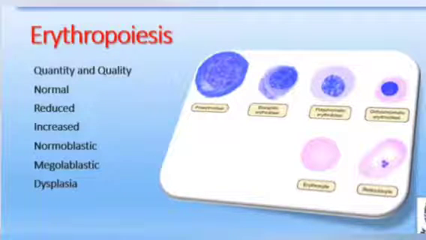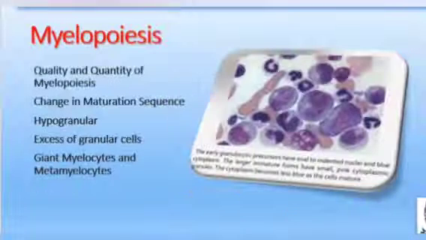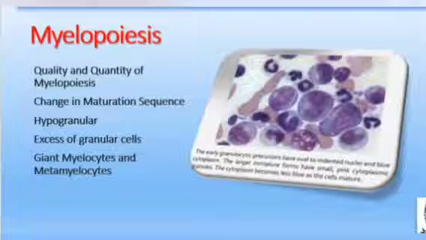Also look for dysplastic features, like cytoplasmic bridging, nuclear lobulation, multinuclearity, and fragmentation, etc. The other thing is myelopoiesis, and here you are also noting the quantity and quality of myelopoiesis.